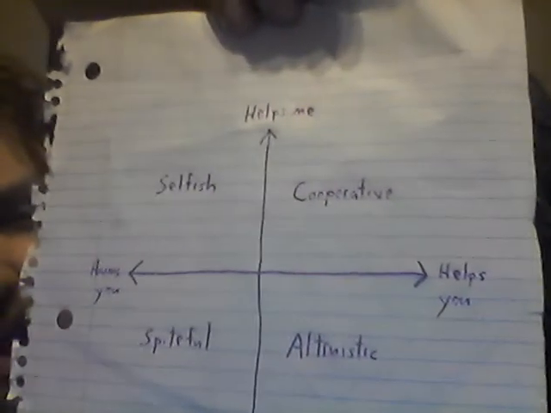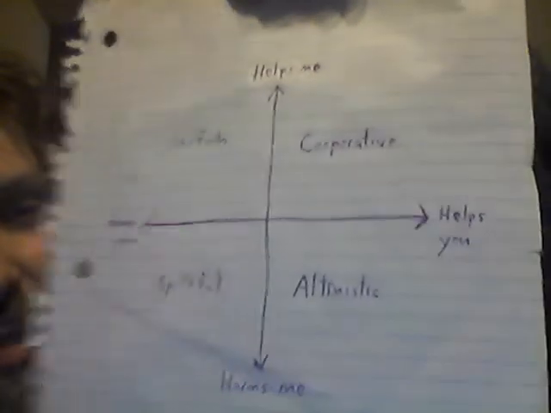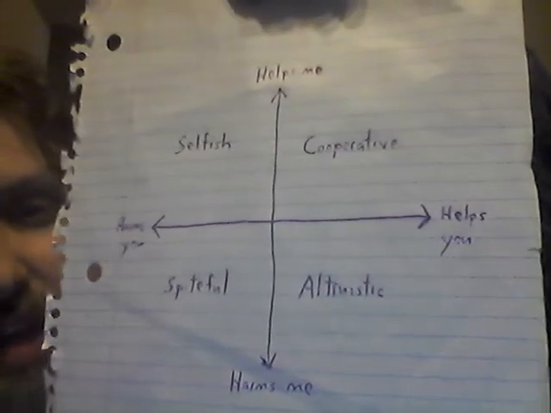So I've created a little graph here to help illustrate the point I'm going to make, in which we're plotting human behaviors on an axis of how much the behavior helps me versus harming me on our y-axis, and how much that behavior helps you versus harming you on the x-axis. See the diagram that I've got going on here. Oh, that's backwards, isn't it? That's mirror image. I didn't anticipate that.